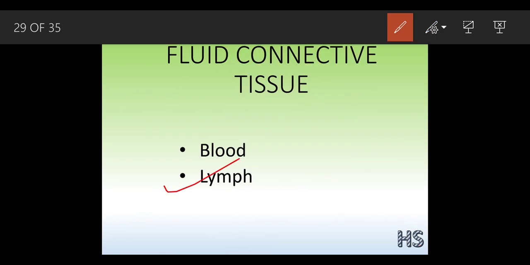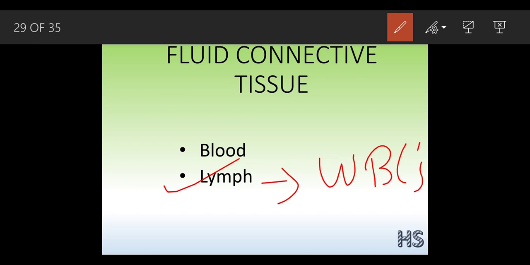Lymph. You have already heard about this word in your 8th standard, lymph vessels. So what is lymph? Lymph is also a fluid. This lymph is made of WBCs only.